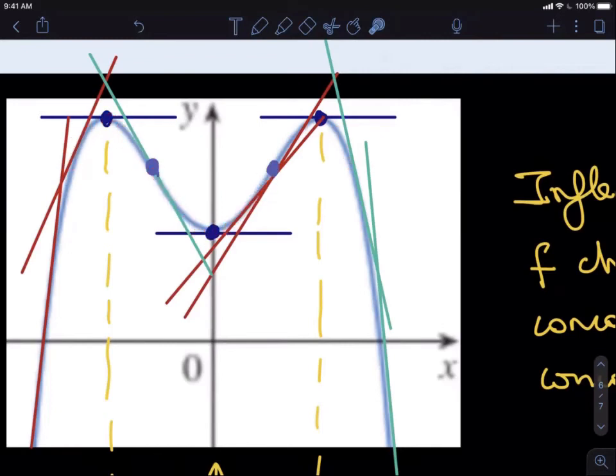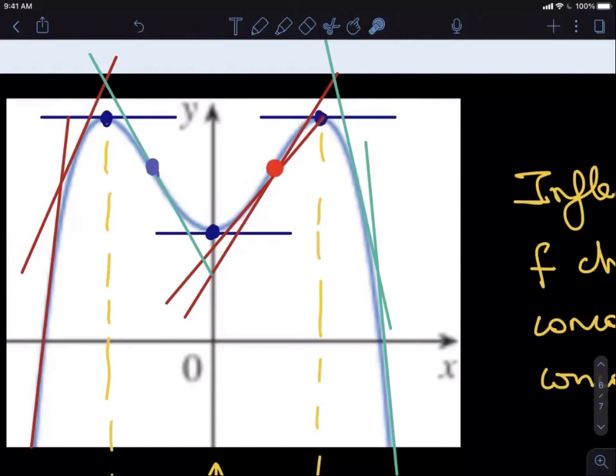Also, the inflection point is the point where the slope of the tangent is the steepest. So notice here that we go from horizontal, slowly increasing our slopes, more and more positive, up to this point where the slope is the steepest. And then it starts slowing down again until it becomes horizontal.